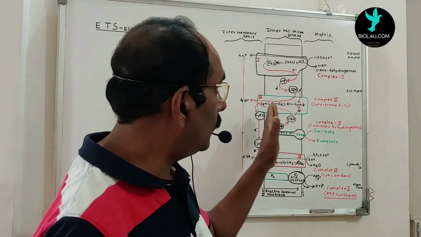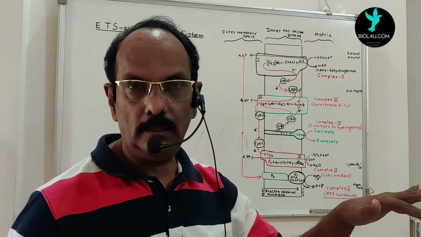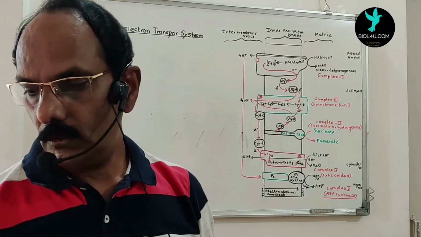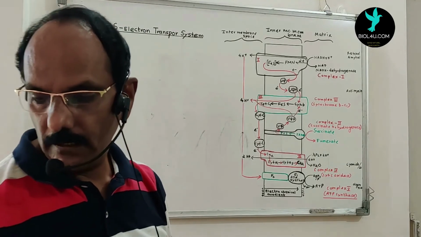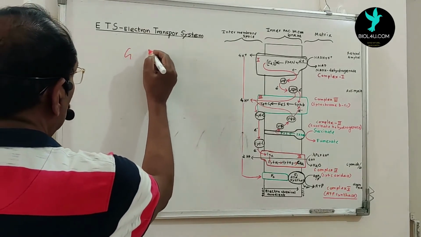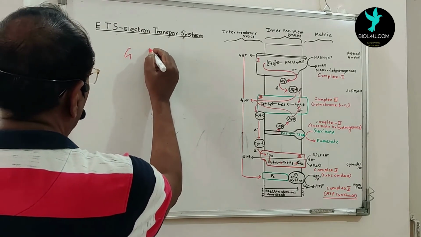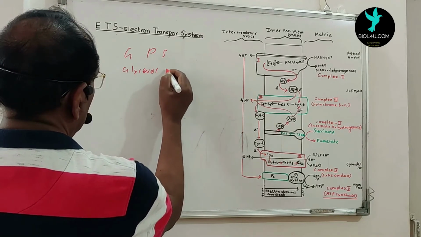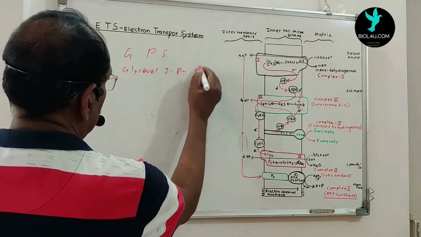And for the transfer of this NADH2 to the mitochondria, 2 shuttles are used. What are the 2 shuttle processes? One of them is the glycerol 3-phosphate shuttle, GPS.